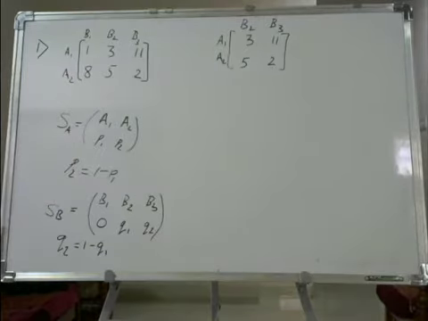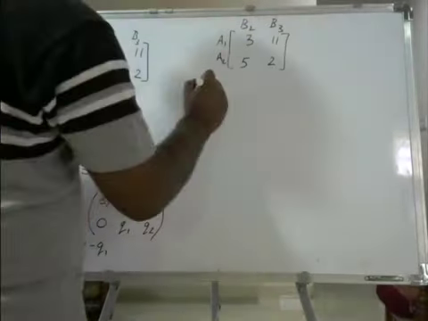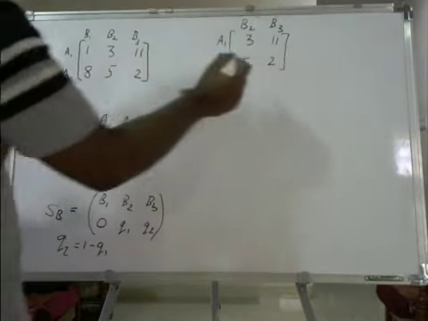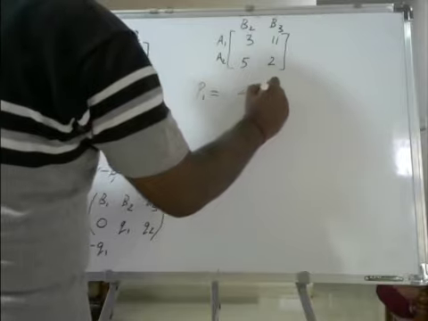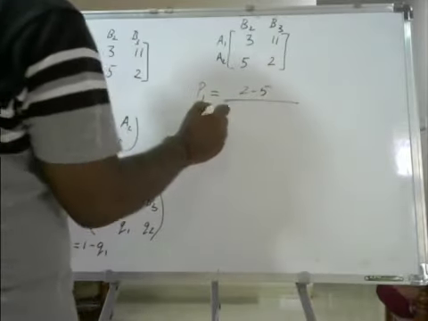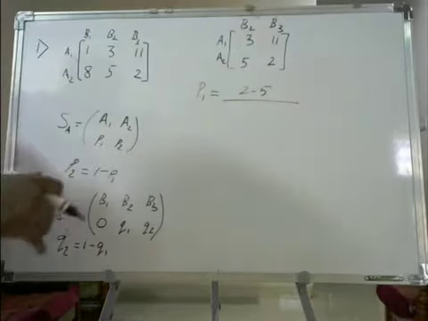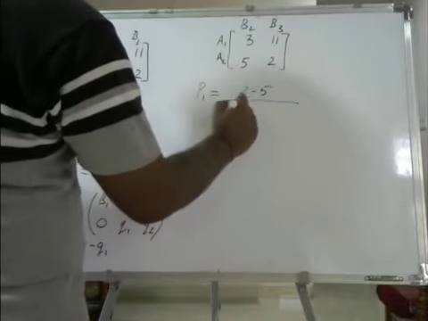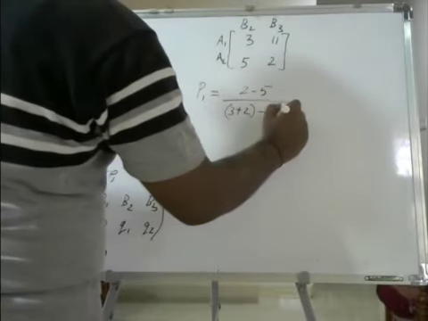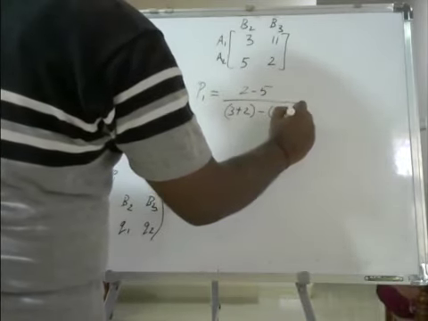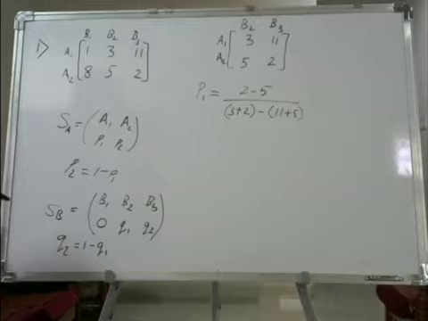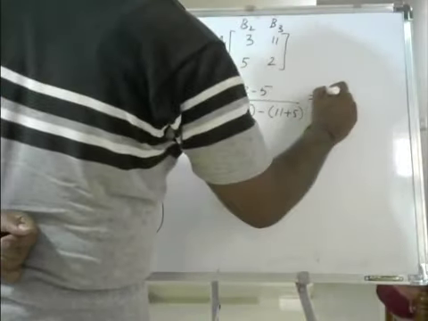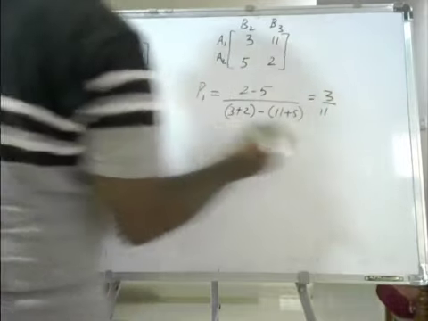Once you apply the formula, P1 is (2 minus 5) divided by (3 plus 2 minus 11 plus 5). If you solve this, you will get 3 by 11.